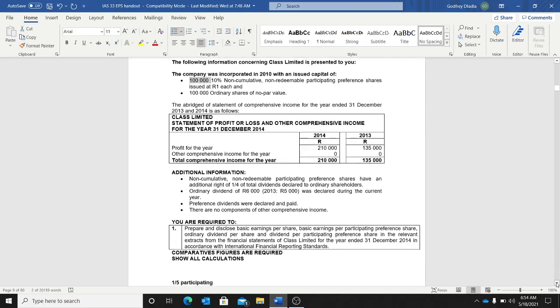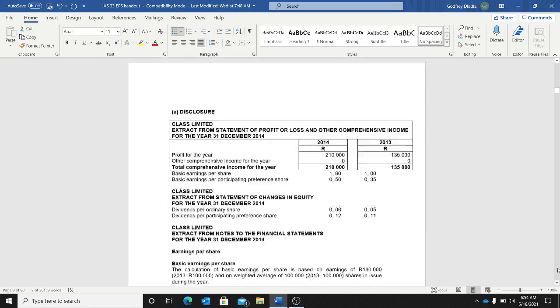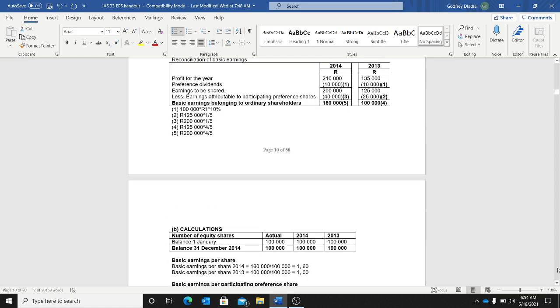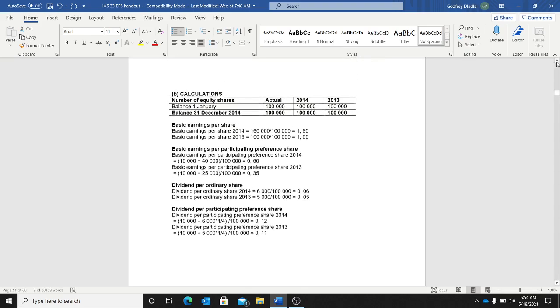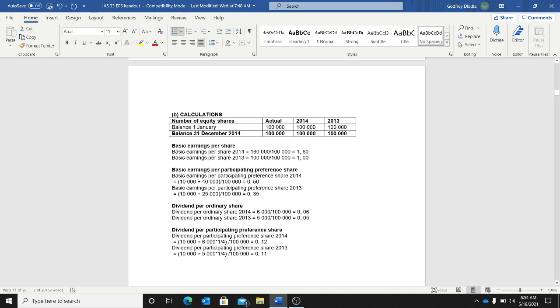You can see here that now we are calculating, it's specific, it's written here, per participating. You see, here it's written, per participating. So these number of shares that we are dividing with here are participating. Let me just do this so that people can understand what I'm talking about.